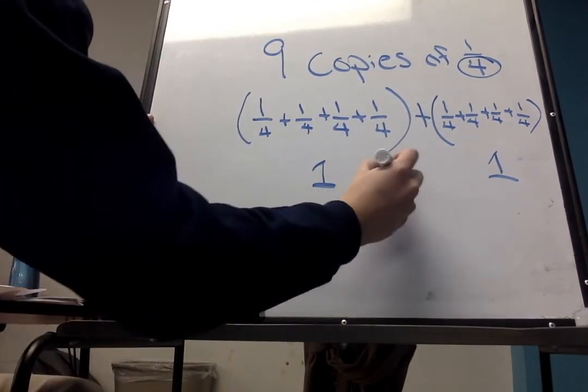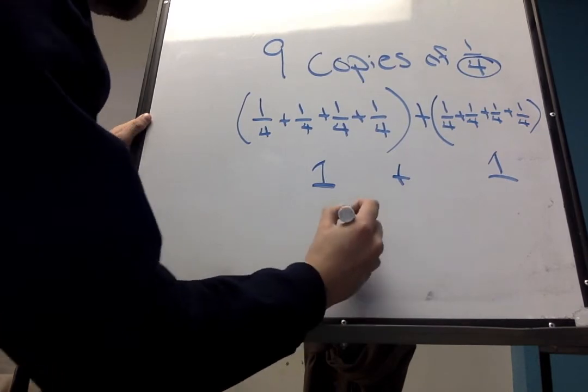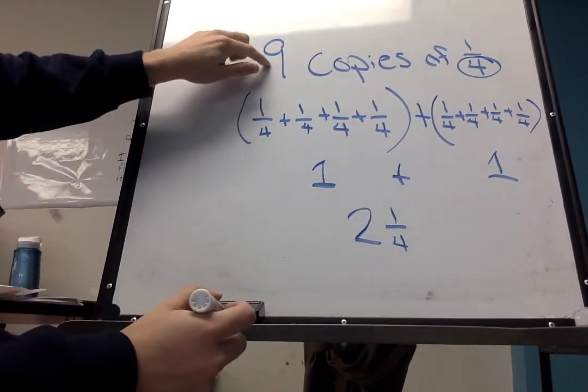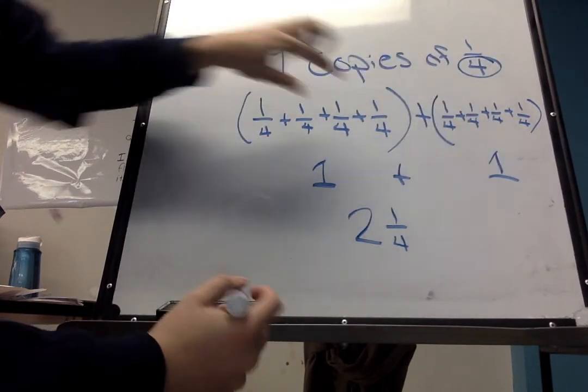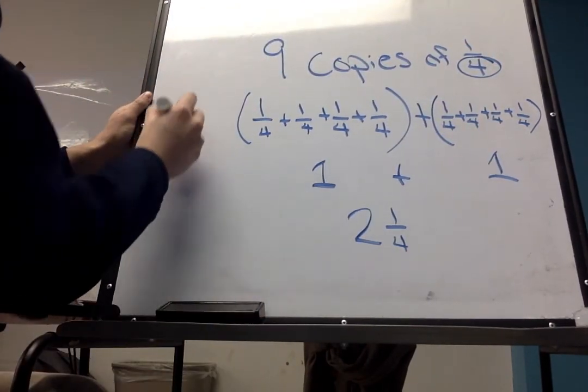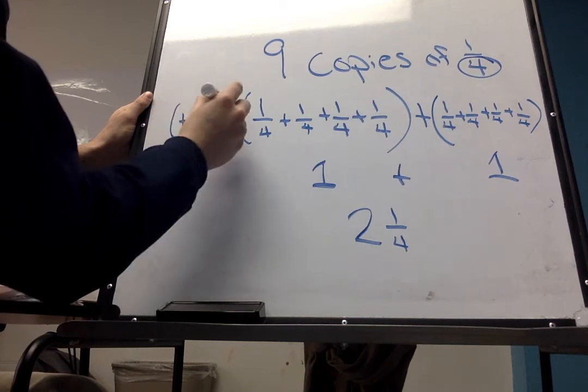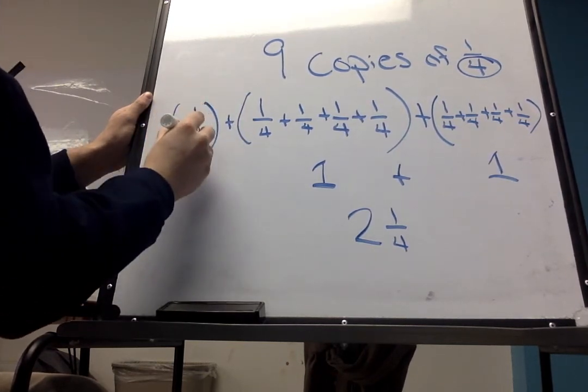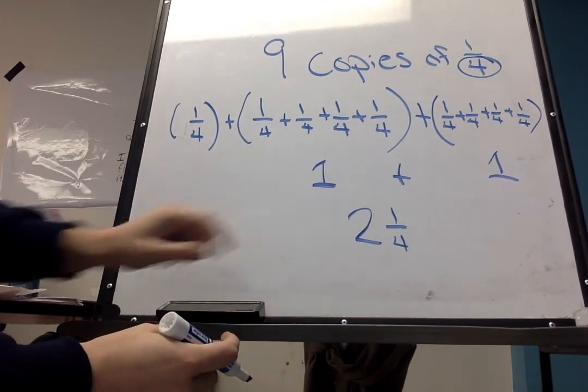So I know 1 plus 1 is equal to 2, and I have 1/4 left over from my 9 copies because I only have 8 here. So I'm going to fit this in over here. We're going to add just 1/4. So that's equal to 2 1/4.